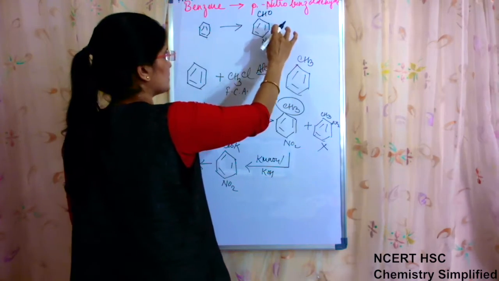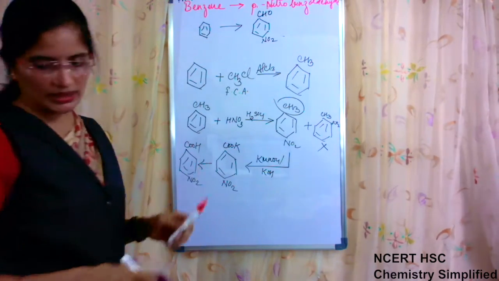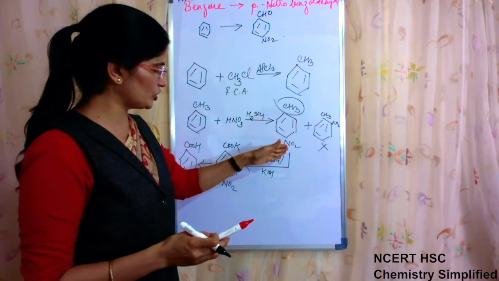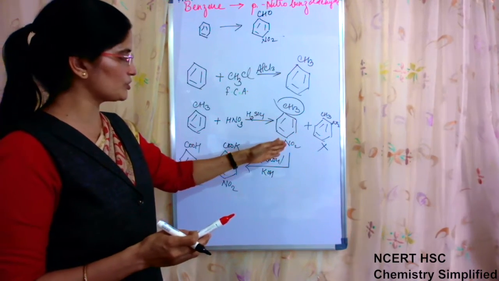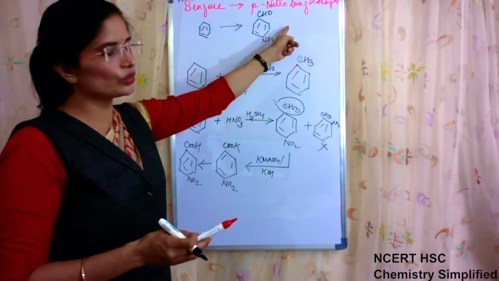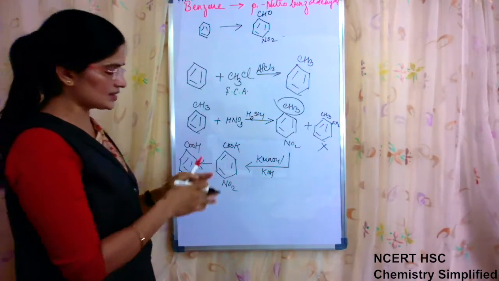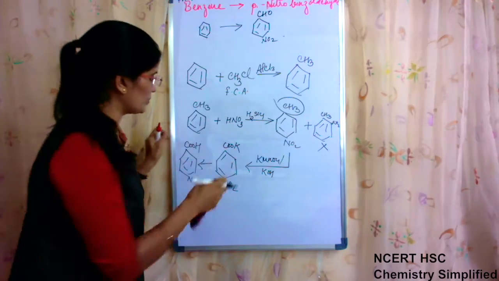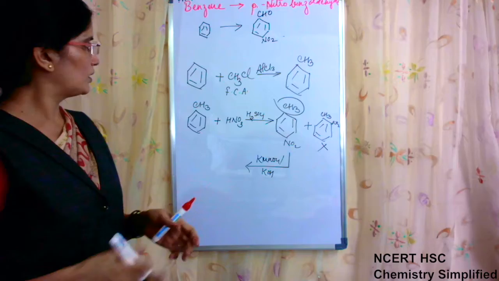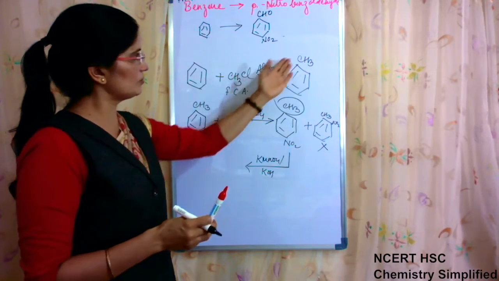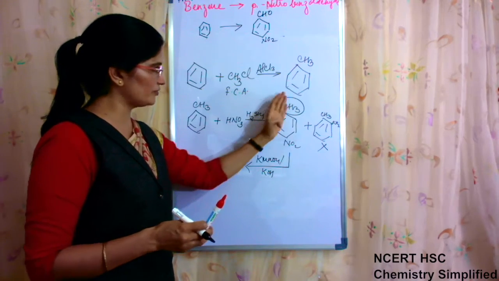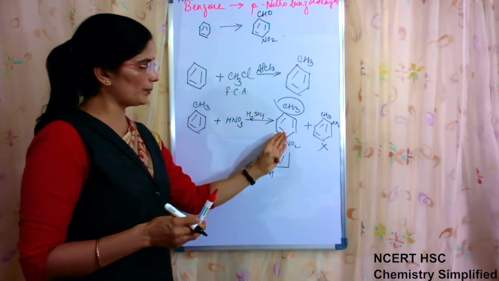That also brings a nitro group on meta position. That means again we require first some other group to do the introduction on para position, and then later on this group should be changed into aldehyde group or acid group. Now this time we don't require this group to be acid. The rest steps are clear, they are same. Friedel-Crafts alkylation, methyl benzene on nitration will give nitro group on para position.